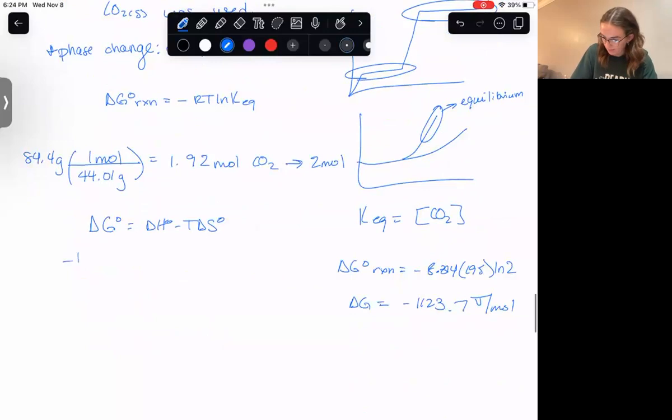So then we can say minus 25.2. It's that value.